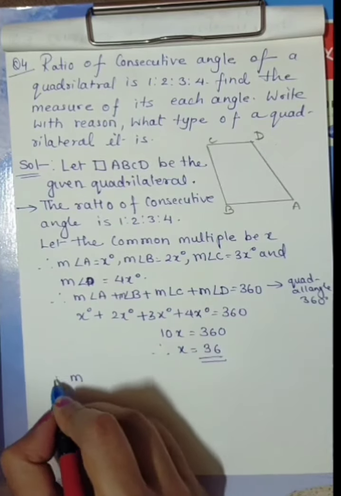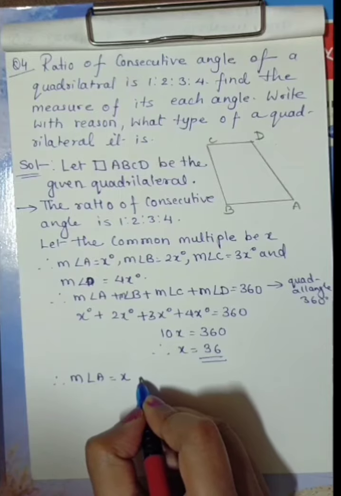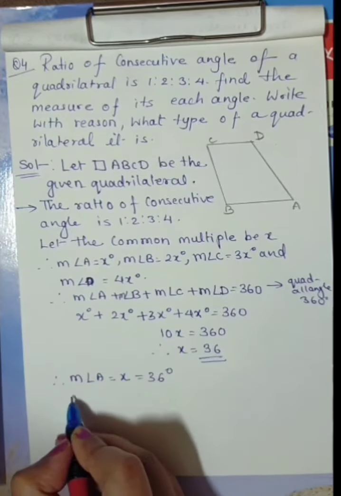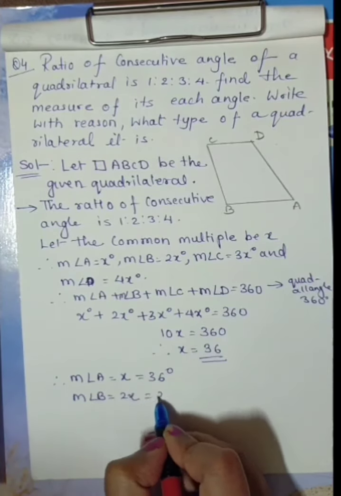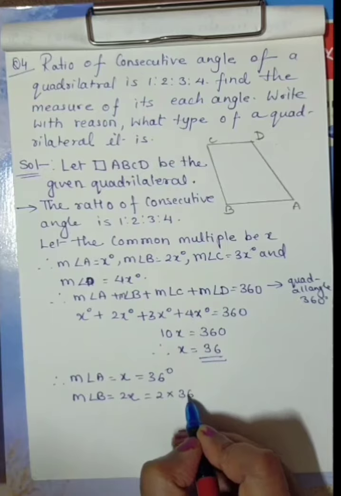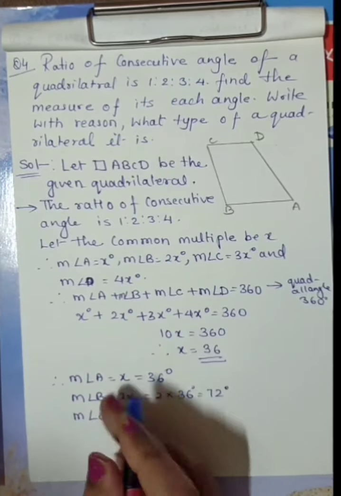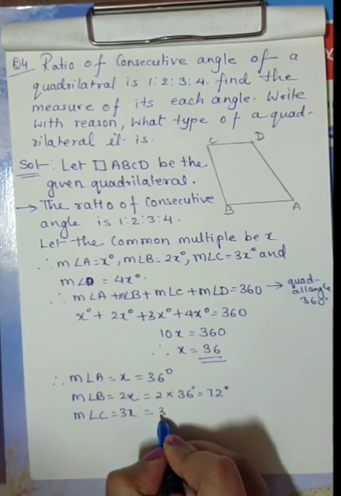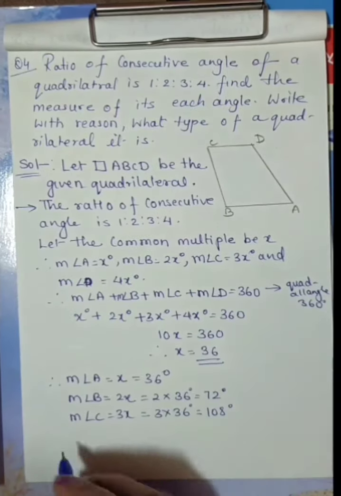Therefore measure angle A is x, equal to 36. Now measure angle B is 2x, means 2 into 36 is equal to 72 degree. Then measure angle C is 3x, that is 3 into 36, that is 108 degree.